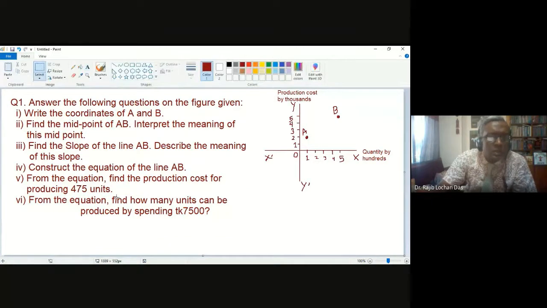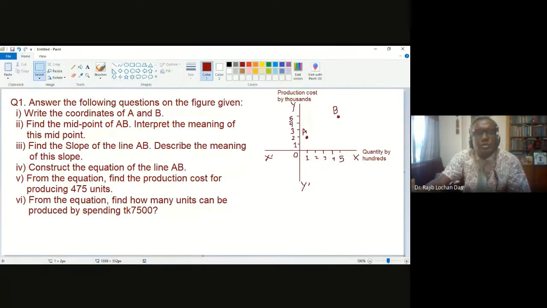Okay, now you try to think. I will show you how to do that one by one. Try to think about the questions and then try to solve. So I will show you one by one, don't worry. So these are the real life oriented questions, and the figure is also given on the right side.